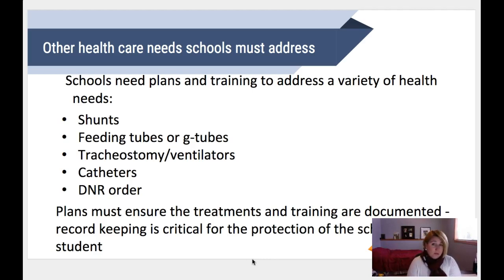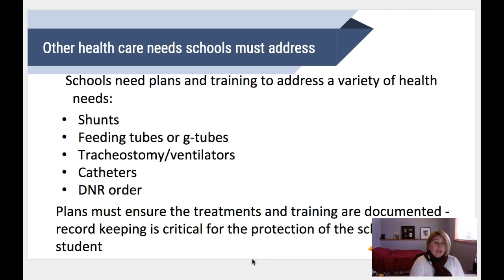And most of the time it's fairly straightforward. It's just a tube that's implanted, right, and it goes straight into the stomach. And there's a little line that you open up, and then you have nutrition that you pour in that's liquid. But that's not to say it's easy or comfortable for everybody to do, but it's not uncommon. You will have students that will come to school that will be using a ventilator or tracheostomy.